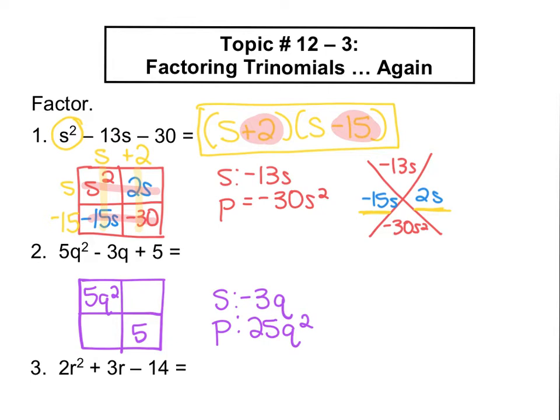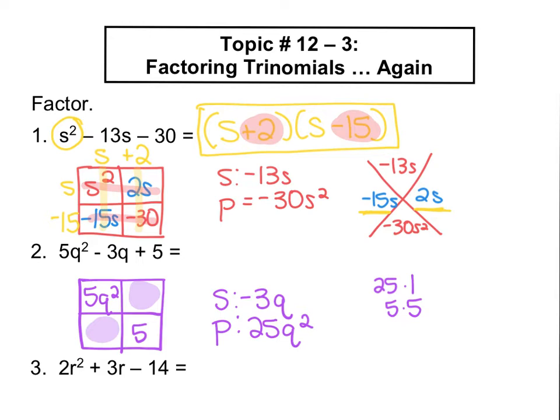So my factors of 25 are 25 and 1 and 5 and 5. Neither of those are going to ever add up to negative 3. So there's nothing I can do to factor that to find my two missing squares.